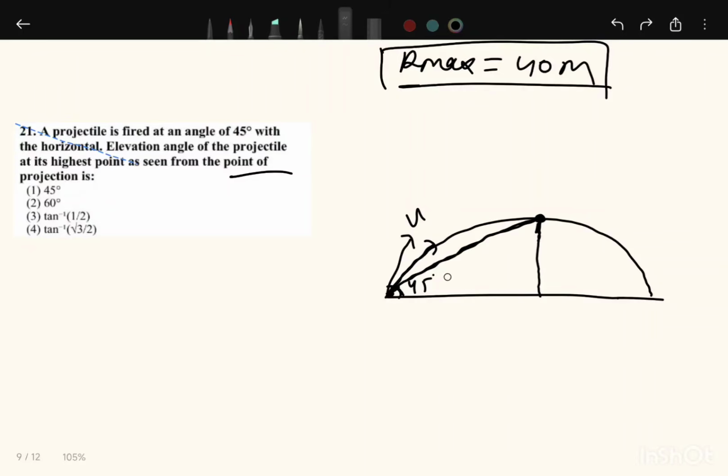This 45-degree angle was just the projectile angle. But we have to find this elevation angle. What angle will be made with the horizontal if we see our projectile at its highest point?